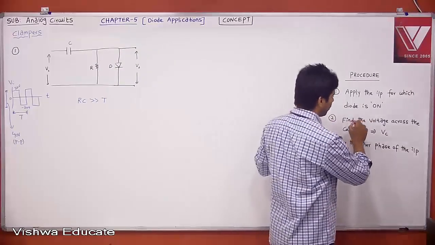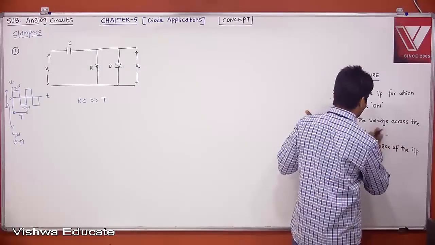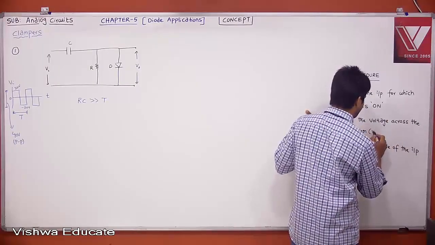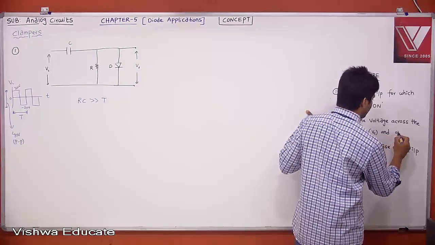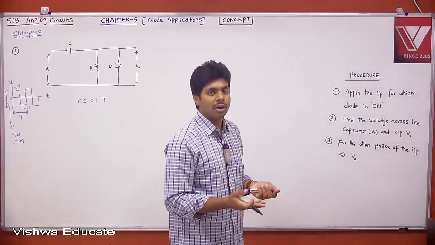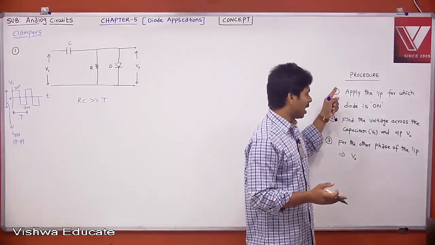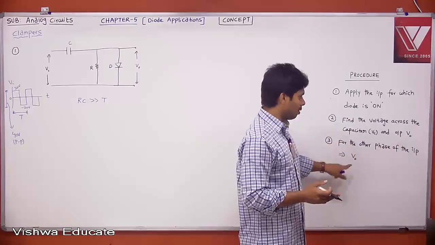Here, find the voltage across the capacitor, which is nothing but VC, and the output voltage V0. Because ultimately we want V0. Therefore, for the first half cycle, V0 you know already. For the second half cycle, what is V0?